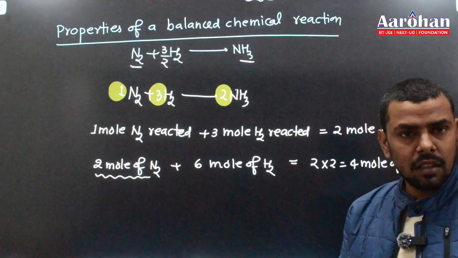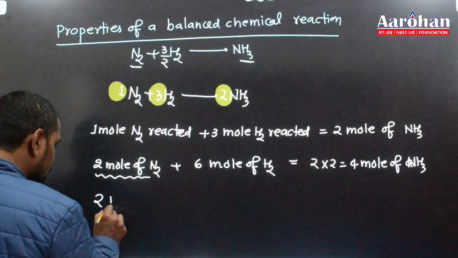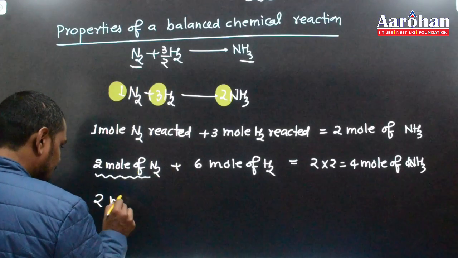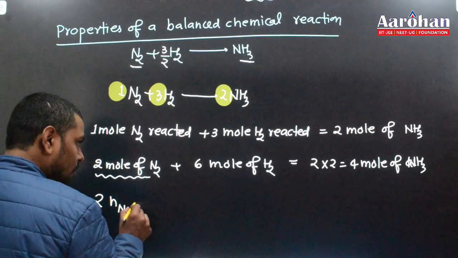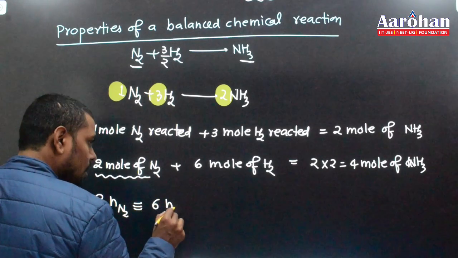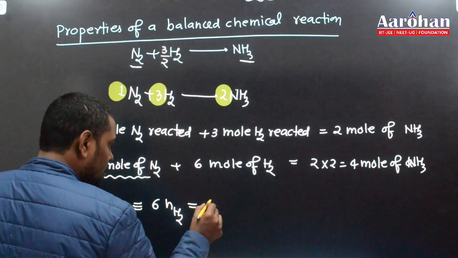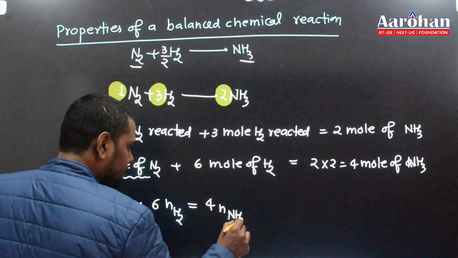So if we write in a general method, if 2 mole of nitrogen is reacted, then we require 6 mole of hydrogen, and then 4 mole of ammonia is formed.